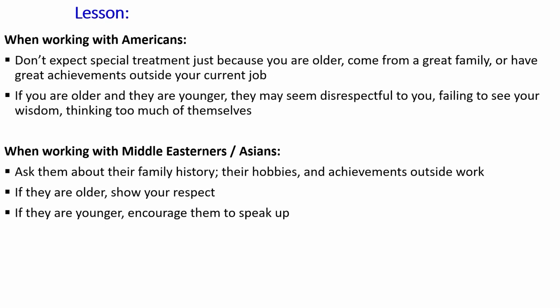When you work with Americans, don't expect any special treatment just because you're older or you come from a great family or you have had achievements in your previous work and things like that. And if you're older and they're younger, it may seem to you disrespectful that they don't listen to you, but that's how they are. So it's more about merit rather than your age. And then in Asian or Middle Eastern countries, it's the opposite, right?